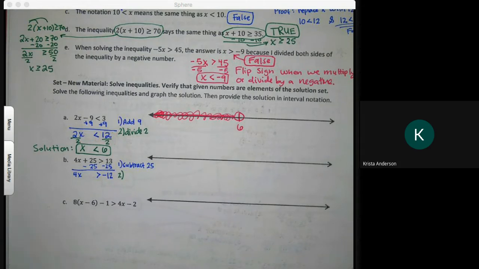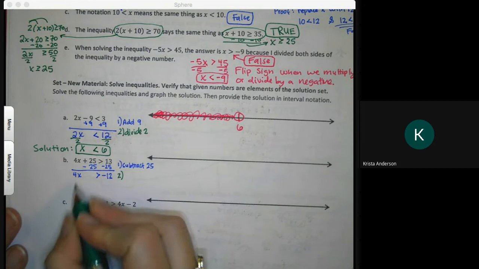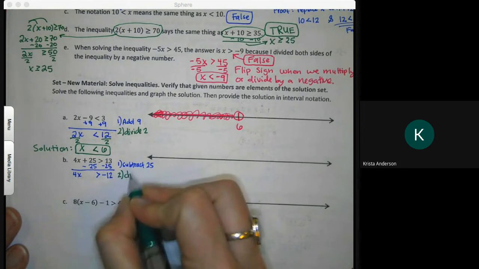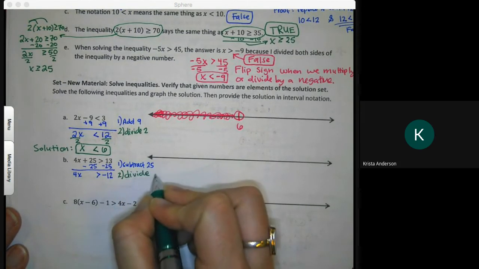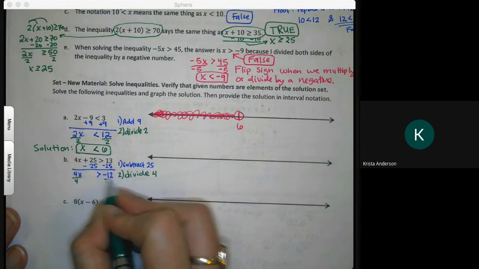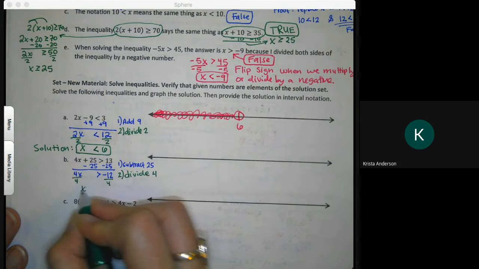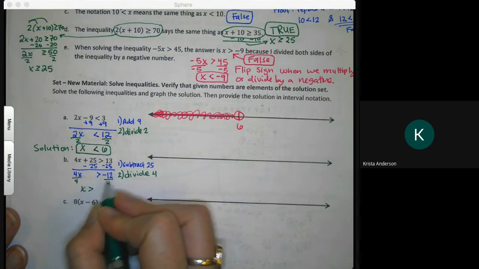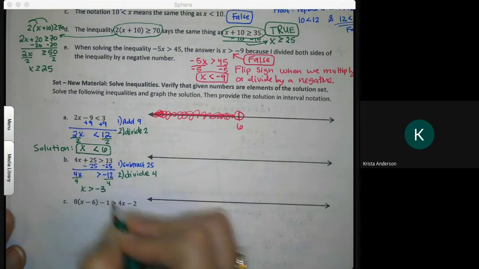All right, on the next step, I'm going to divide by this 4. Because it's a positive 4, I don't need to worry about flipping the sign. Negative 12 divided by 4 is negative 3.